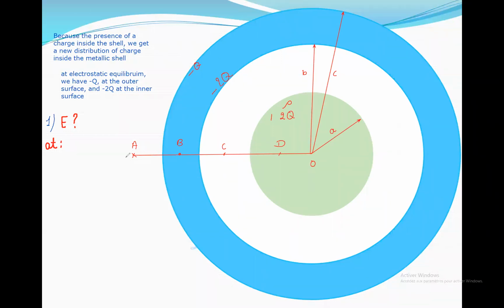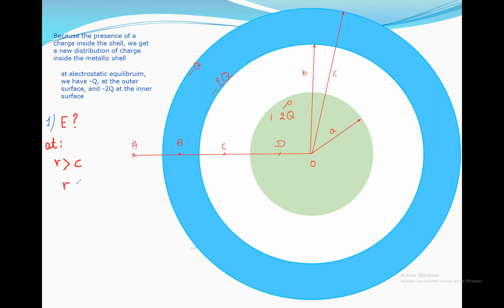First of all, outside the shell, the position R must be greater than the outer radius C. At the point B, R is between B and C, between the inner and the outer radius.